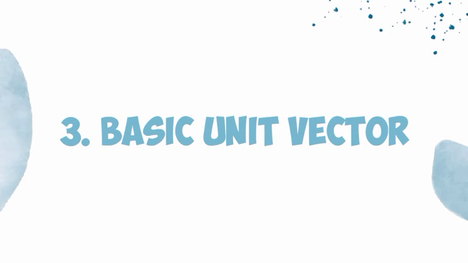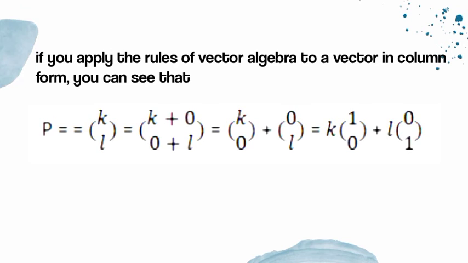3. Basic unit vectors. If you apply the rules of vector algebra to a vector in column form, you can see that P is the vector (k, l) equals the vector (k, 0) plus the vector (0, l), which equals k times the vector (1, 0) plus l times the vector (0, 1).